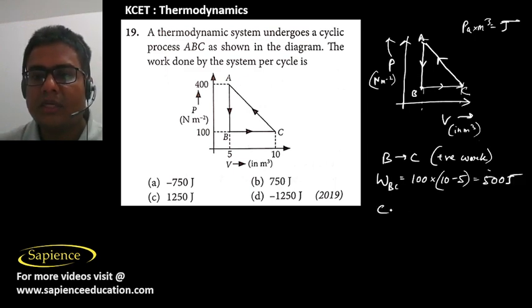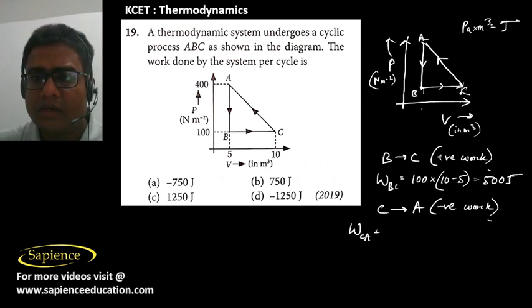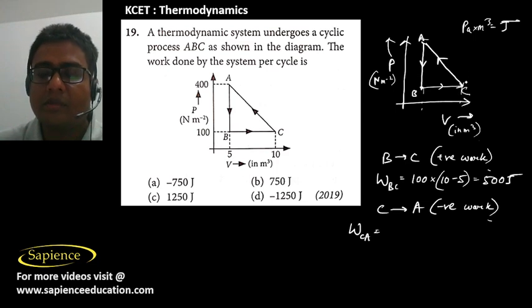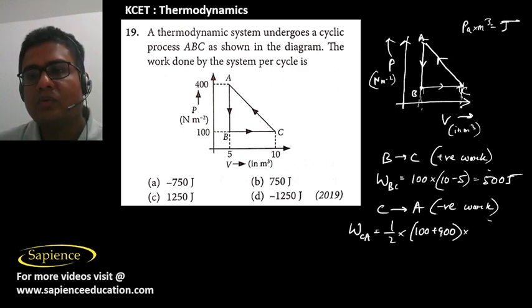But from C to A there is negative work done since the volume decreases. So the work done in C to A will be equal to the area of the trapezium. So that will be half into the sum of the parallel sides, which is 100 plus 400, into height.